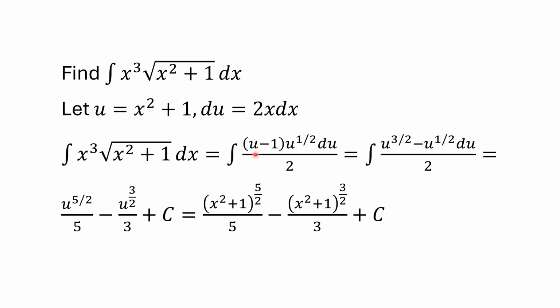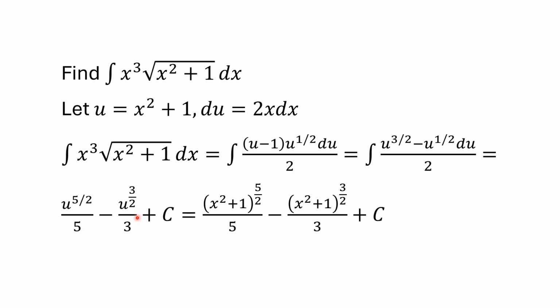Well, this is u to the 3/2 minus u to the 1/2, over 2, which is u to the 5/2, and that'll be over 5/2, but I already have the 2 in the denominator, which will cancel.